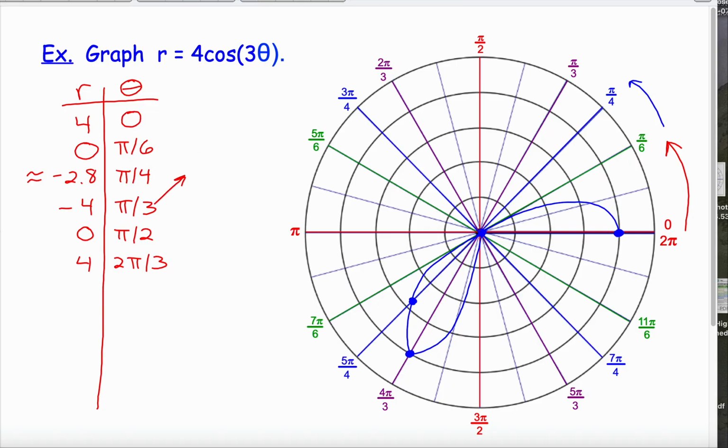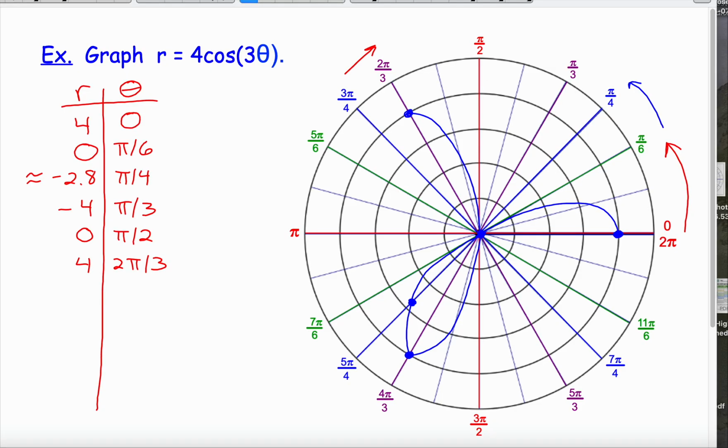So between pi over 2 and 2 pi over 3, so on my graph from here to here, my r value is going from 0 all the way to positive 4, which is quite a drastic change, at least in my mind. So we're all the way over here. So this graph is coming out like that. All right, and then we're going to go to 3 pi over 4. I fear we're going to get another square root here.